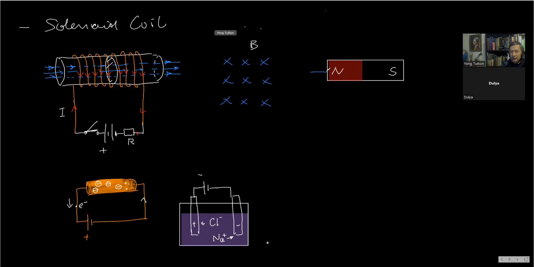From the north and back to the south, and around that would be the direction of the magnetic field.